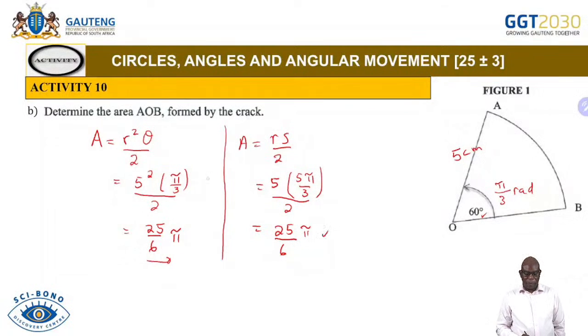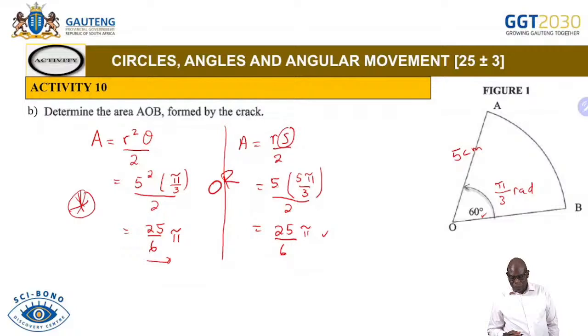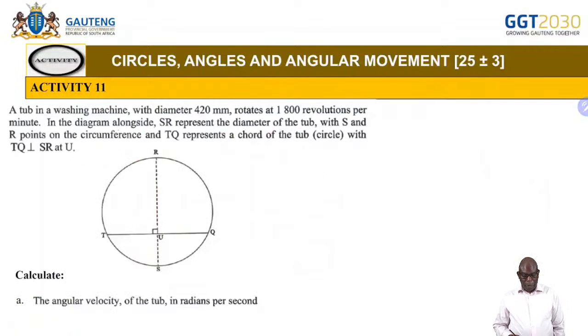I'll still get the same answer. But I prefer that we use the one where all the values have been given, so that when you have made a mistake on the S, you don't get punished in the next one. Okay, right. You need to get it right.